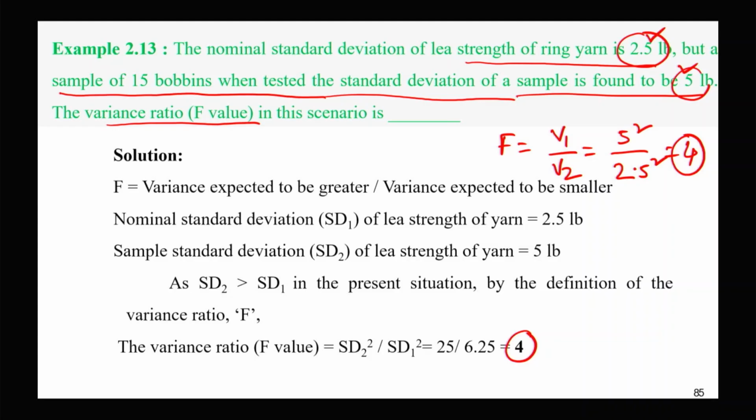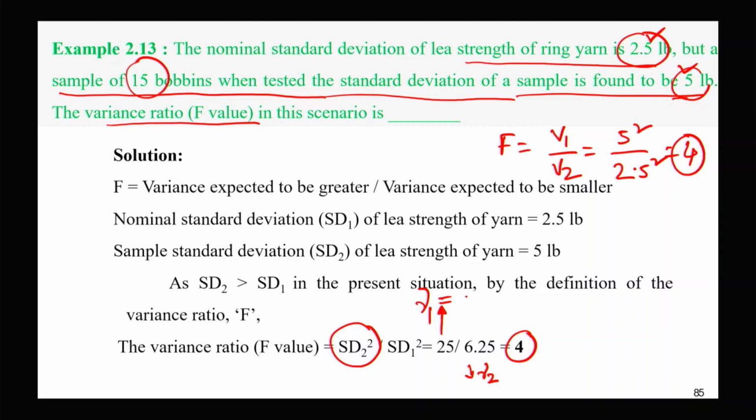Now, the degree of freedom of numerator is termed as gamma 1 and degree of freedom of denominator is termed gamma 2. Numerator here is the sample, and the sample is based on 15 bobbins.